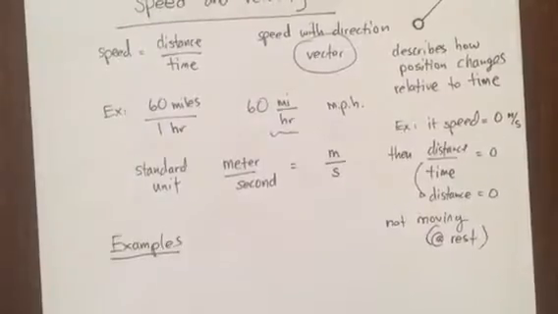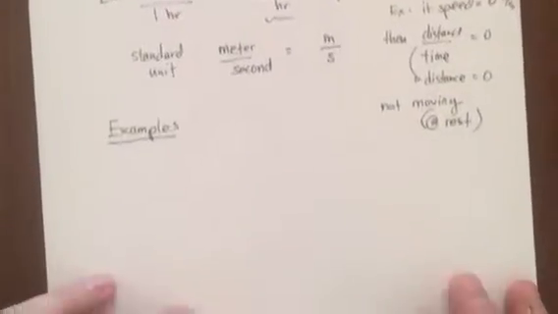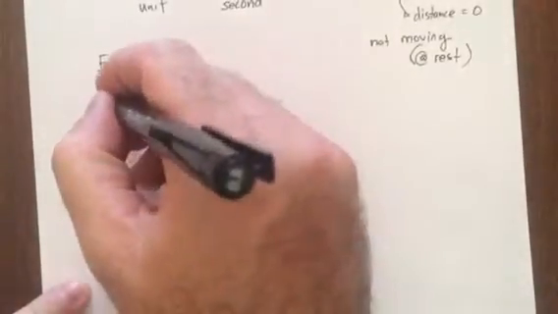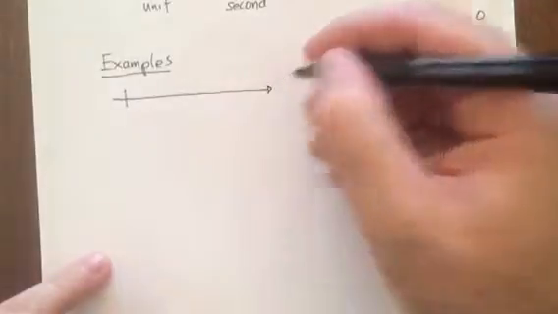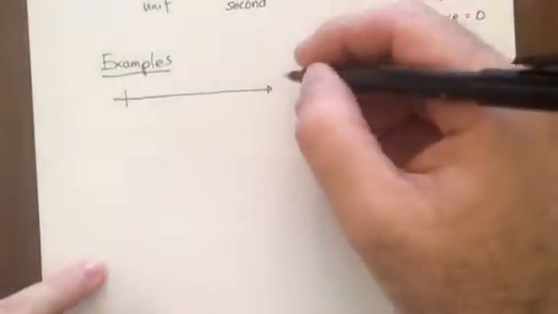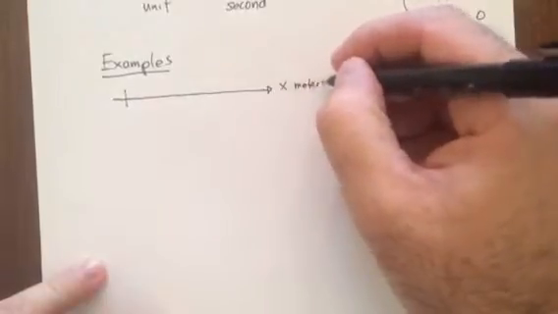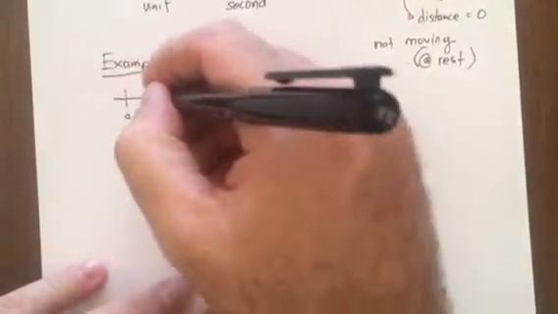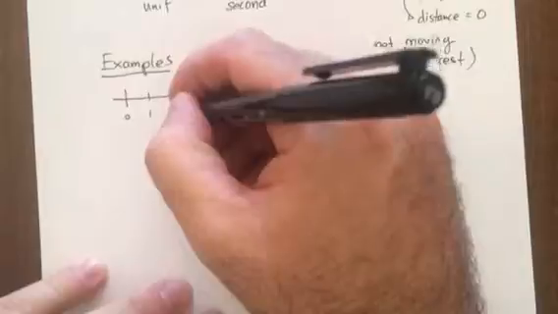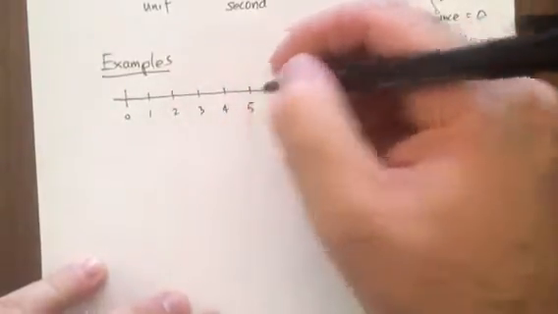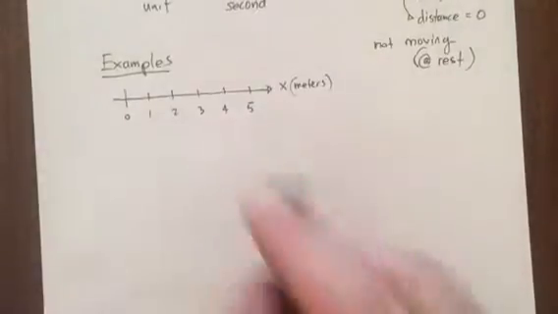Let's do some examples of that. So again, with the same kind of simple examples in one dimension. Here's my position, a one-dimensional axis, x in meters, and this is 0, 1, 2, 3, 4, 5 meters in a line.